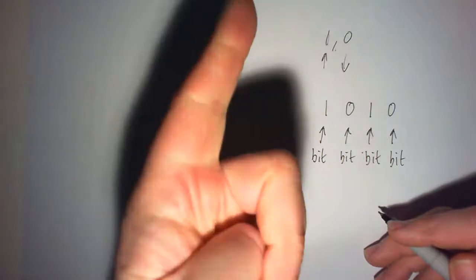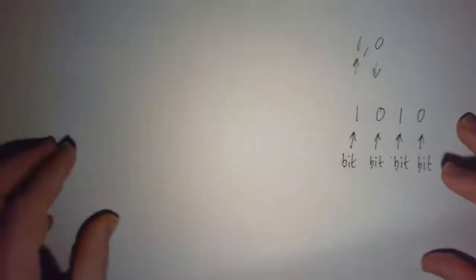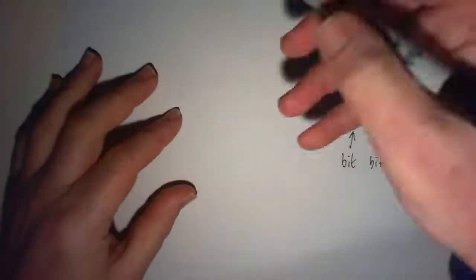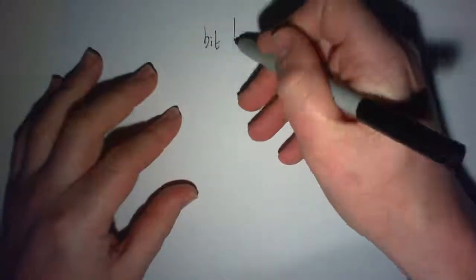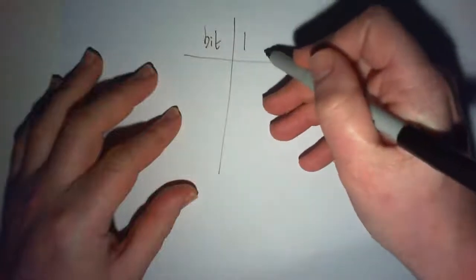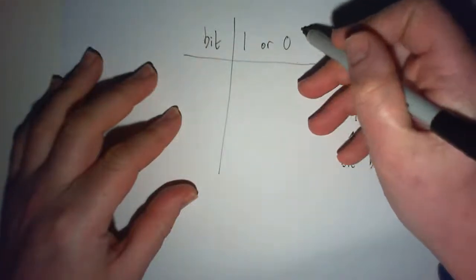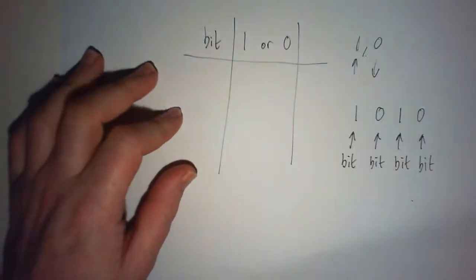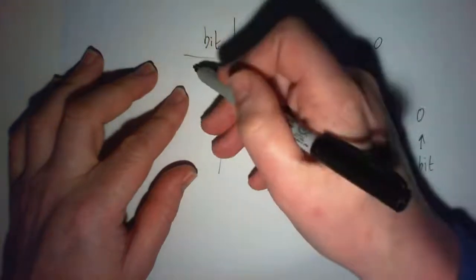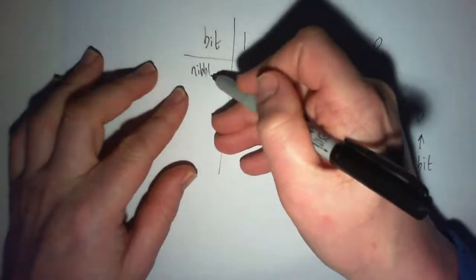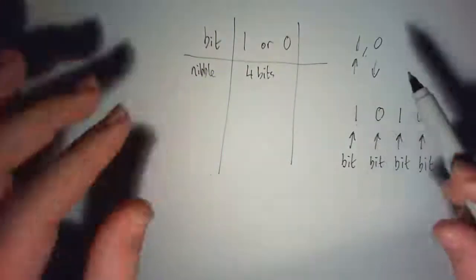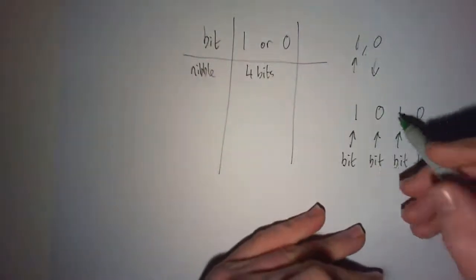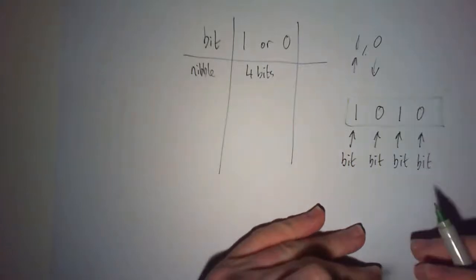Now let's try and put this into some kind of order. A bit is a single 1 or a 0, simple as that. A nibble is 4 bits. So this whole thing, there are 4 bits, but that's also 1 nibble.